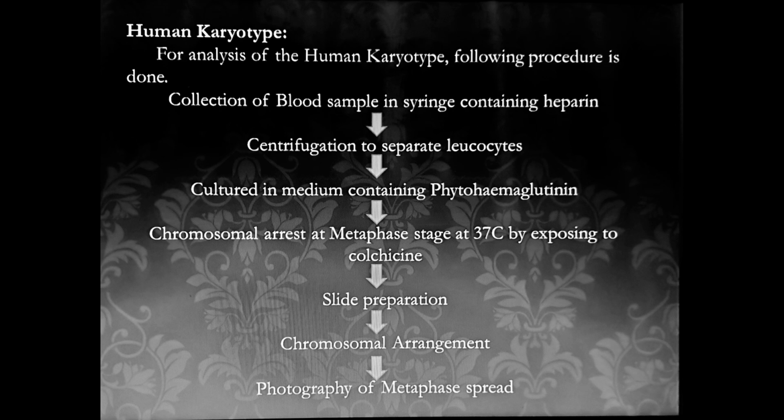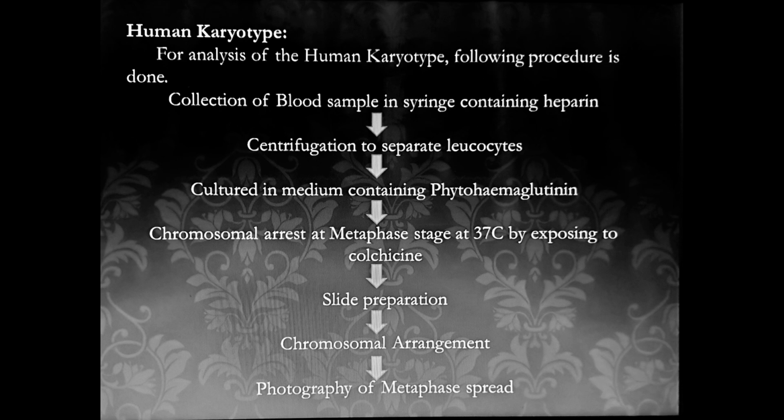After culturing is done, there is a step of arresting chromosomes at metaphase stage. This is done at a temperature of 37 degrees C by exposing the cells to a particular chemical called colchicine. Colchicine is a mitosis inhibitor. It inhibits cells at metaphase stage, meaning cell division will be stopped and chromosomes will be arrested at that point.